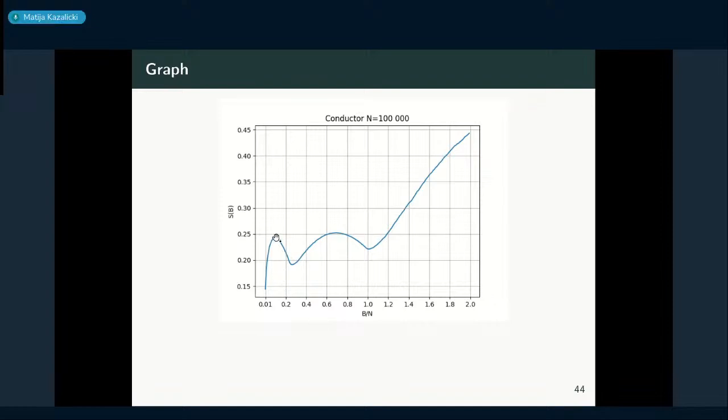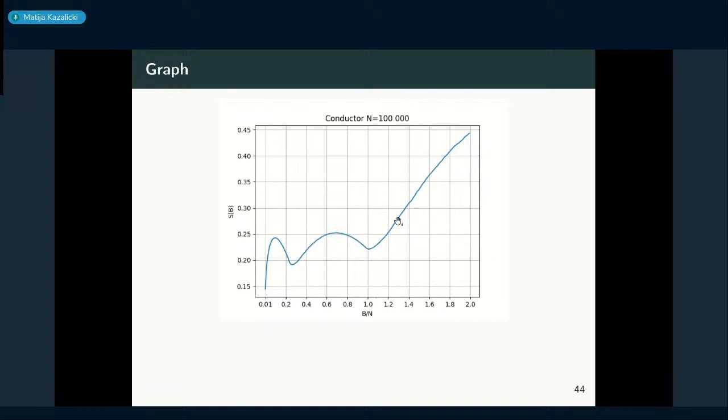I don't know if it is surprising or not, but we really observe these two maxima. So the first local maximum is at 0.08 and the second one is around 0.65, something a little bit greater than that number.